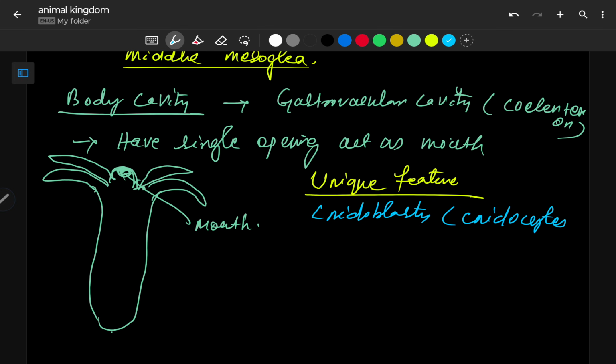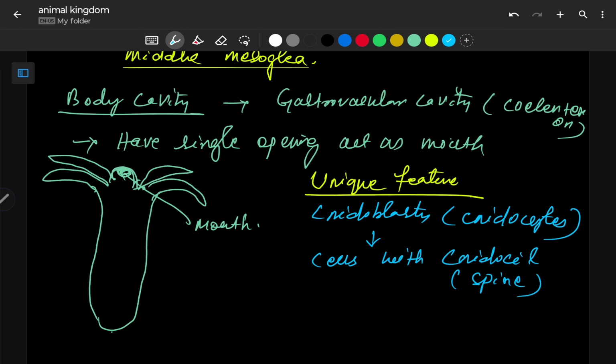They are also known as nematocysts, but this nematocyst is contained in the cnidocyte or cnidoblast. So these cnidoblasts are the cells with cnidocil. Cnidocil का मतलब क्या है? Spine. Okay, so they are having spine, so that's why they are known as cnidocil.